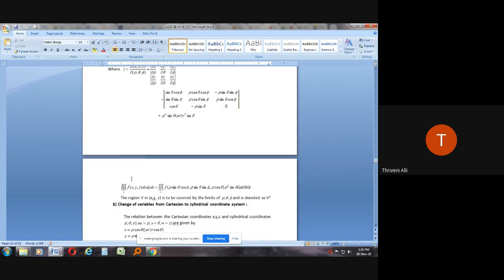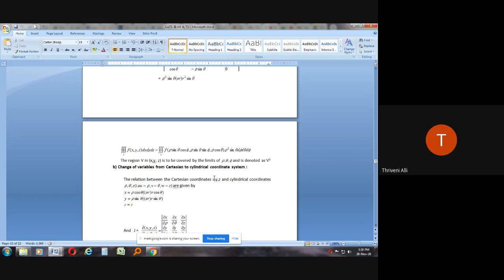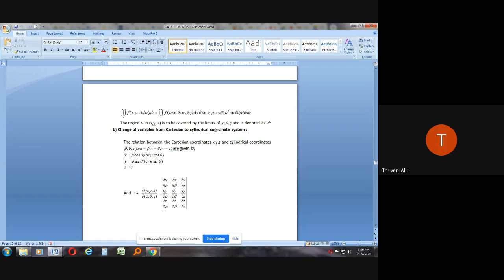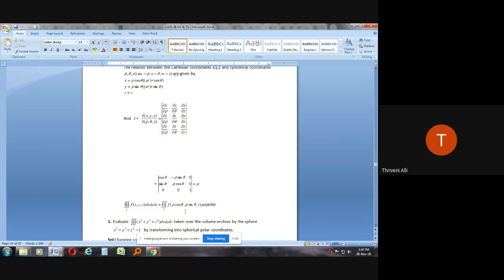So you have to know this: triple integral f dx dy dz, in the place of x we write rho sine theta cos phi, in the place of y rho sine theta sin phi, in the place of z rho cos theta, and dx dy dz is rho square sin theta. Okay. In the place of rho we can take small r also. Like that for cylindrical coordinates also, this is the main important formula.